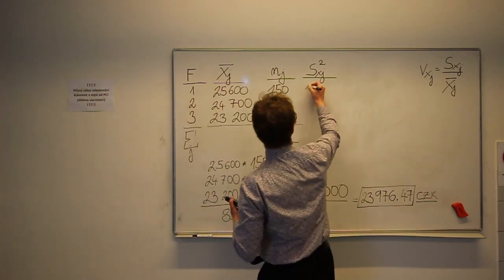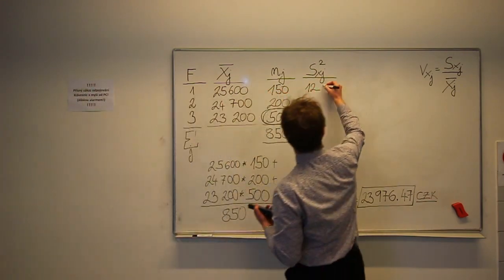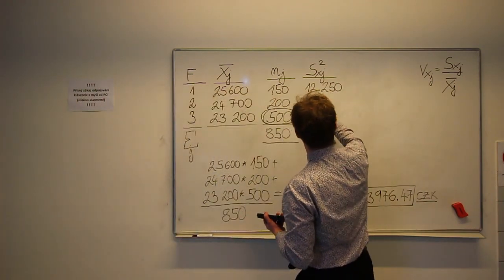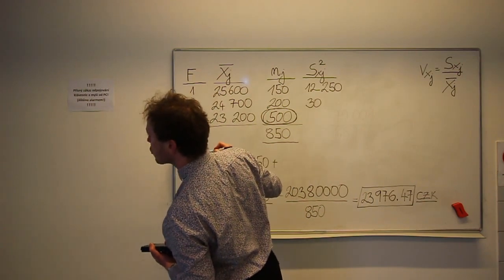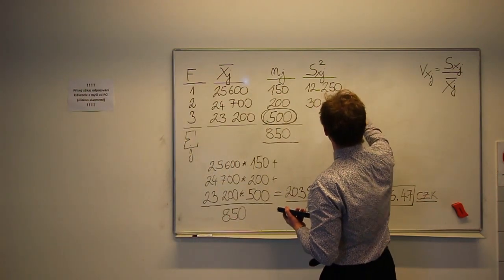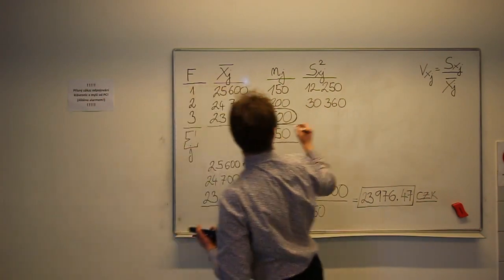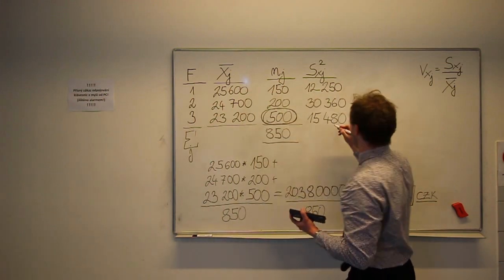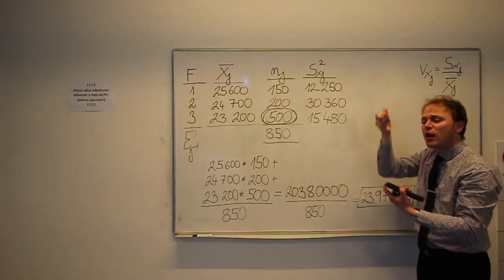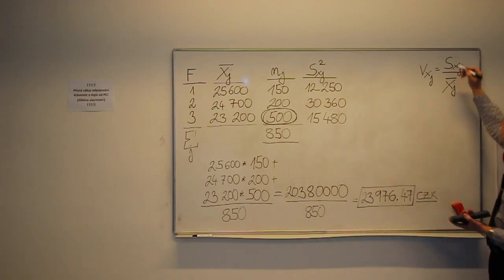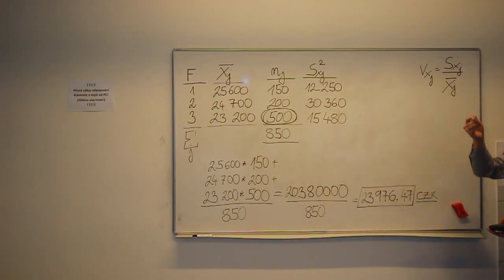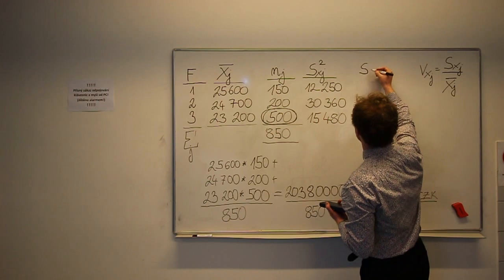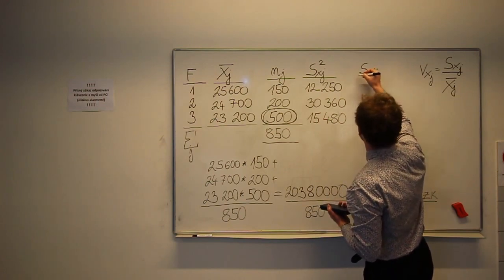The variances are 12,250, 30,360, and finally 15,480. We know these individual variances, but for the calculation of the variation coefficient we need to know the standard deviations s_xj.